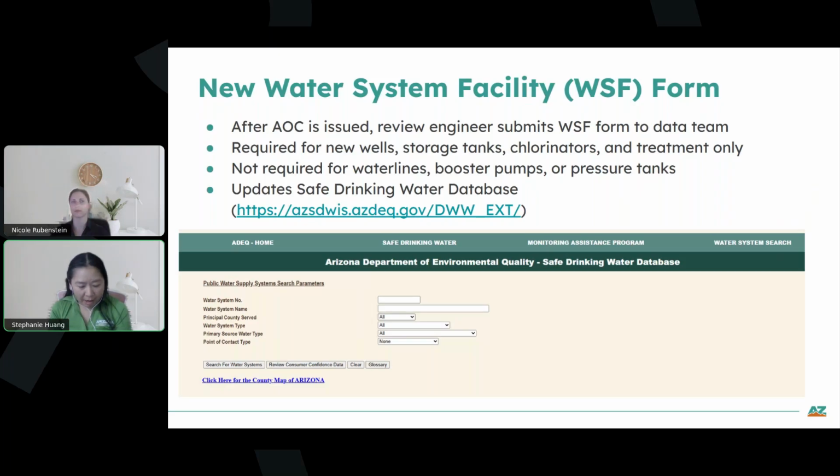You, as an operator, may be asked to help in the ATC AOC process. How? For example, in the AOC stage, you may be asked to take pressure readings, bacteriological tests, or chlorination results.